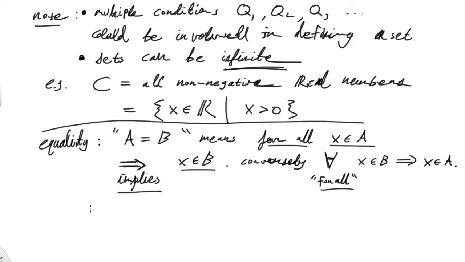Okay. Another way to write this is rather than saying conversely and having another statement here. So we have sort of symmetric statements. X is in A implies X is in B. X is in B implies X is in A. We can also say that X is in A if and only if, and that's IFF here.